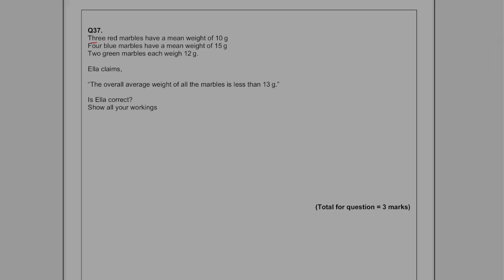So I'm going to look at the total weight of 3 red marbles. So that would be 3 times by 10, which would be 30. 4 blue marbles would be 4 times 15, which would be 60 grams. And then 2 times by 12 is going to be 24.